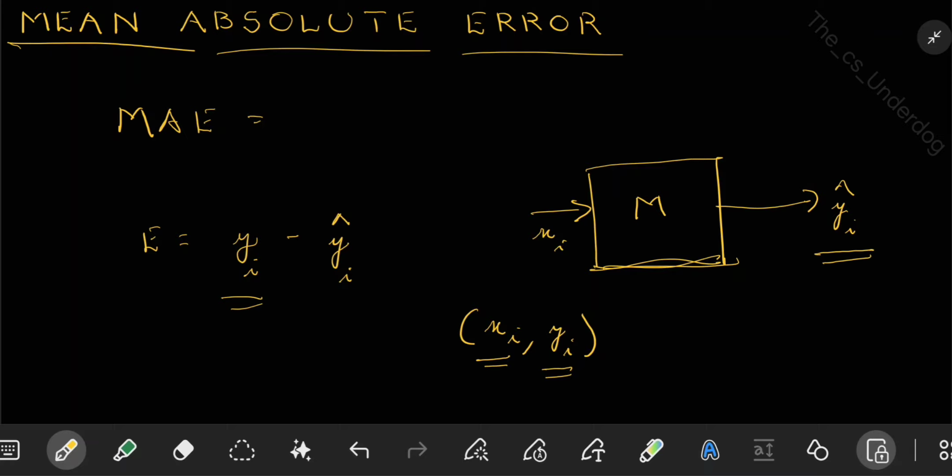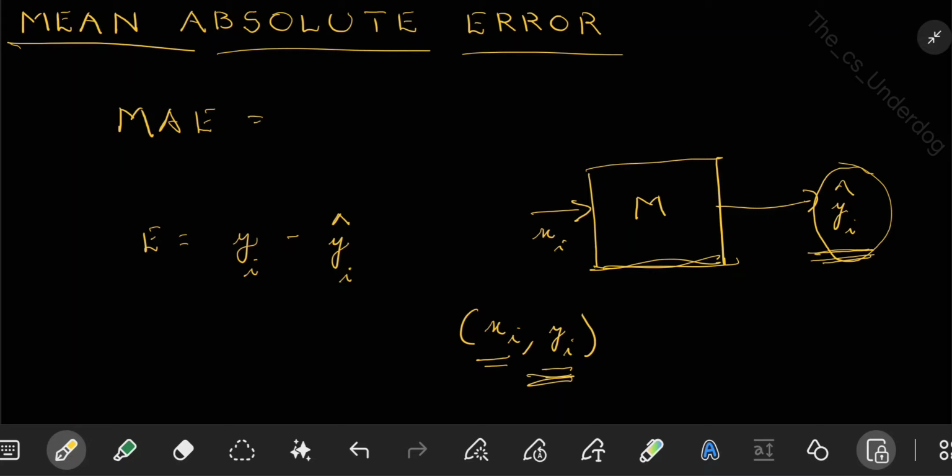So we'll call this the predicted value. This is the value that is predicted by the model. Ideally, you should have yi, but your model predicted it as yi cap. So the difference between the ideal value, which is yi, and the value that is predicted by the model, that is yi cap, is called error.